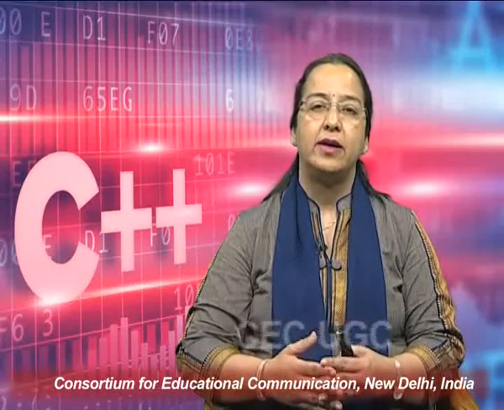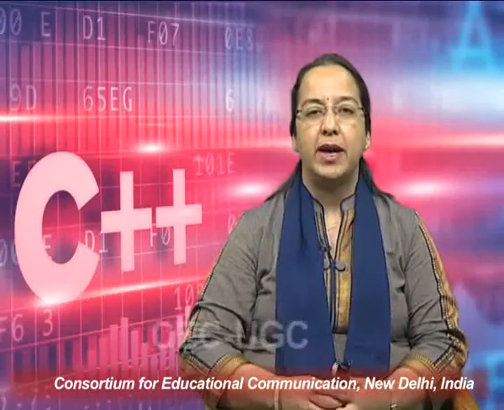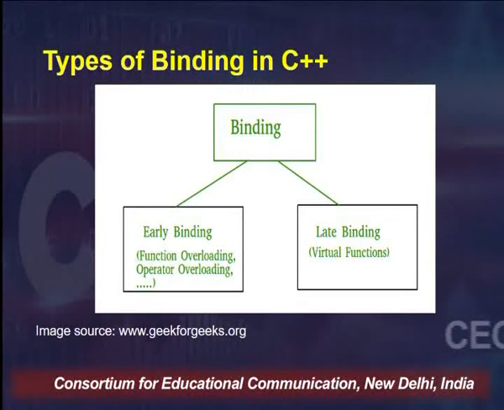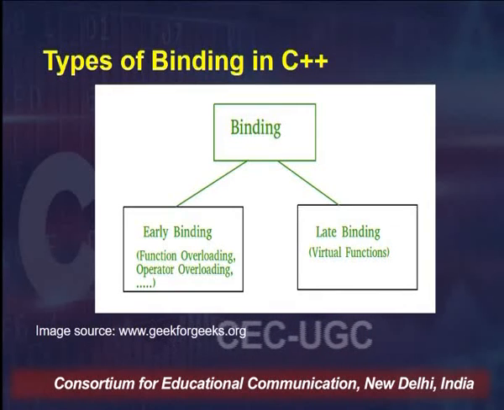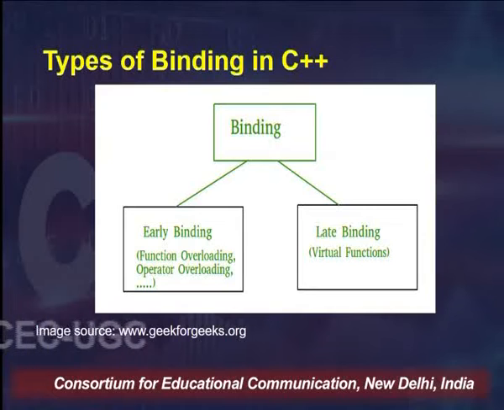So, on this basis we have two types of binding in C++. One is early binding, which is compile time binding. The other is late binding, which is runtime binding. Early binding is achieved with the help of function overloading or operator overloading, and these two topics we have already seen in our previous lectures in this series.